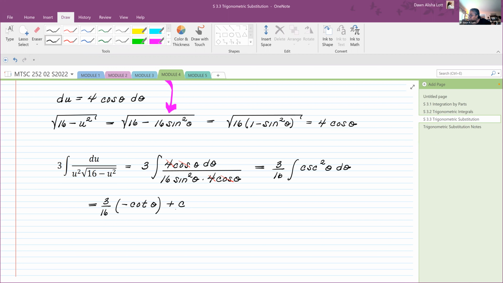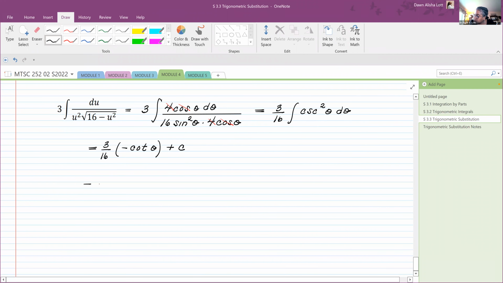Except for the fact that I'm in theta, and my original problem was giving me an x. I went from x to u to theta, so now I have to go from theta to u back to x. So I go back to my triangle and look for the cotangent. This is negative 3 over 16. How do you find the cotangent?